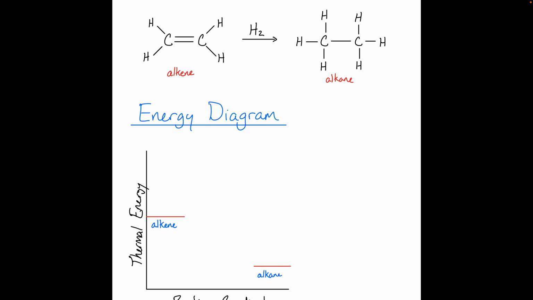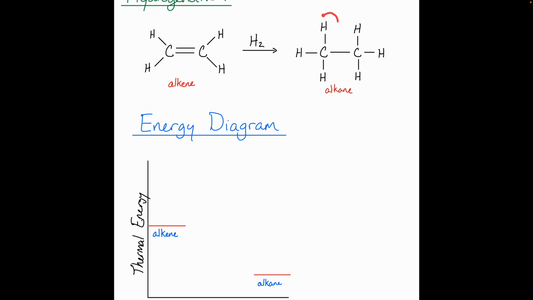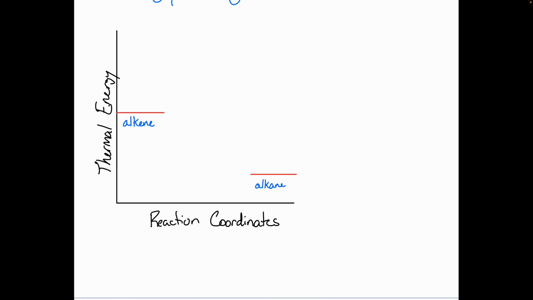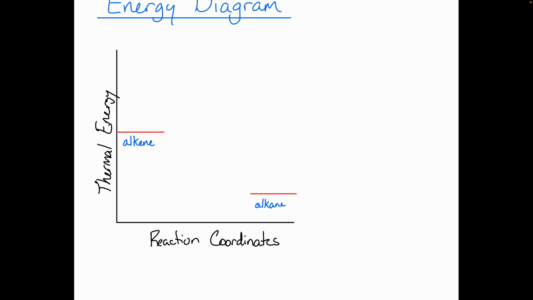It turns out that the energy that you have to put in to break that hydrogen-hydrogen and carbon-carbon pi bond is way less than the energy that you get back out when these two new bonds are formed, right? So there's this net release of energy. We have to put some energy in to break these bonds, but we get a lot more out when these new bonds are formed here. So this reaction would be favorable from what's called the thermodynamic standpoint.